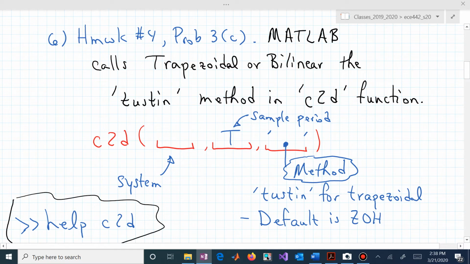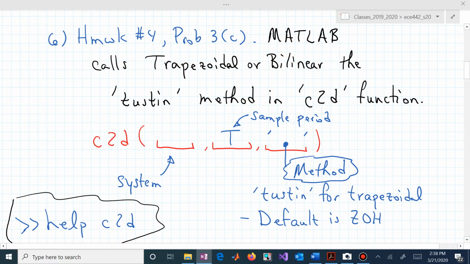And remember, we have two different scenarios of discrete equivalence. The first scenario is where you're really doing a direct translation from a filter or a controller and trying to find a D of z from a D of s.